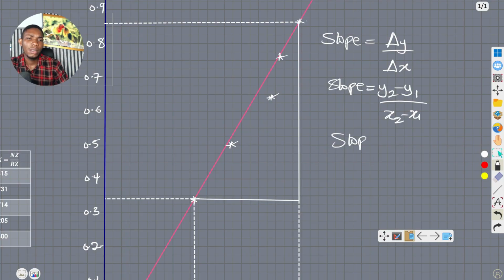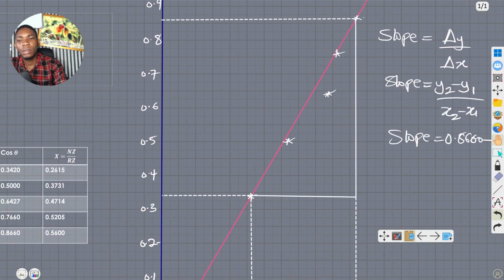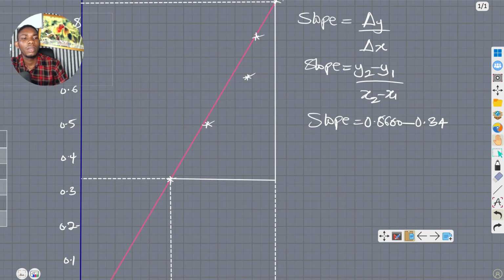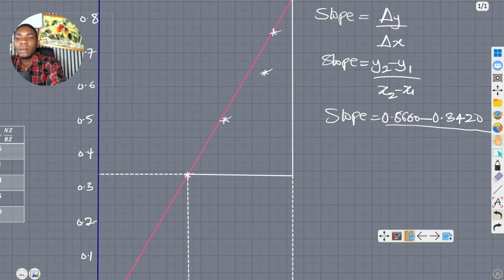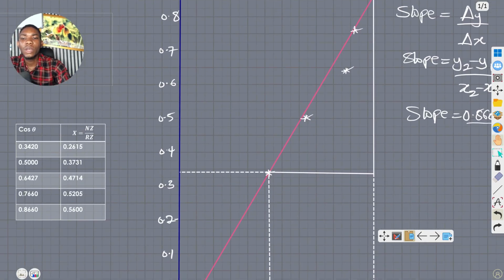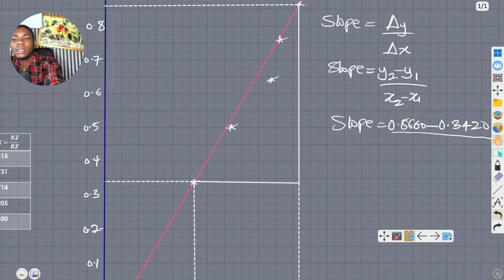So my dear students, your slope would be equal to y2, which is 0.8660, minus y1, which is 0.34 something, 0.3420, divided by, if you trace this value correspondingly down on the x-axis, it is going to give you 0.56 and 0.2615.